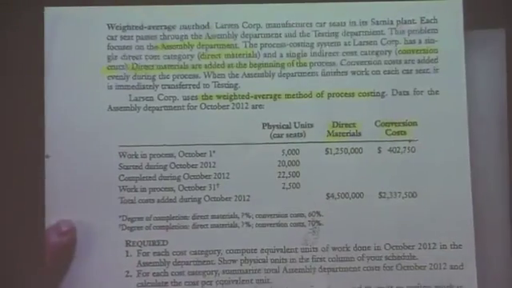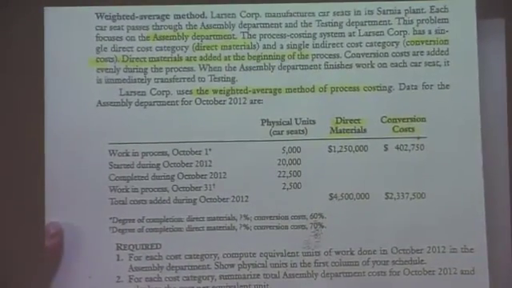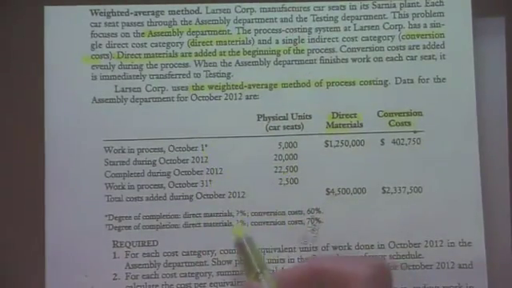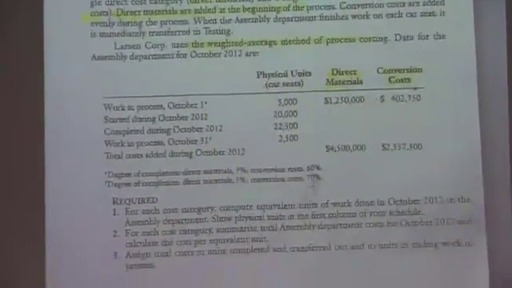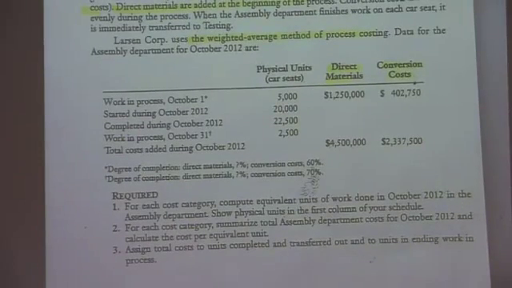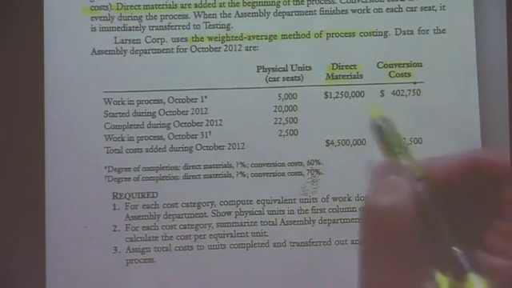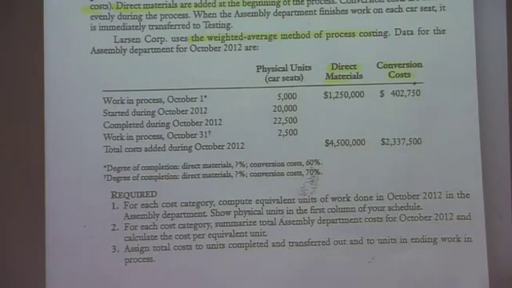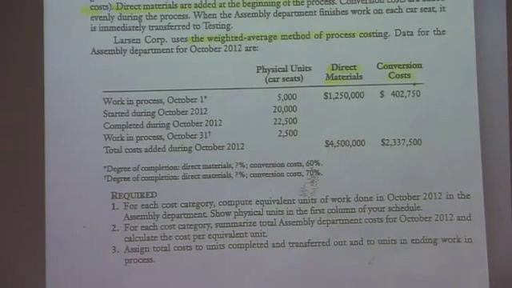The first data says that we have work in progress at the beginning of October, and we have 5,000 car seats that are still in progress. And how much material have we incurred? We have incurred $1,250,000 worth of material, and then the conversion cost is $402,750.